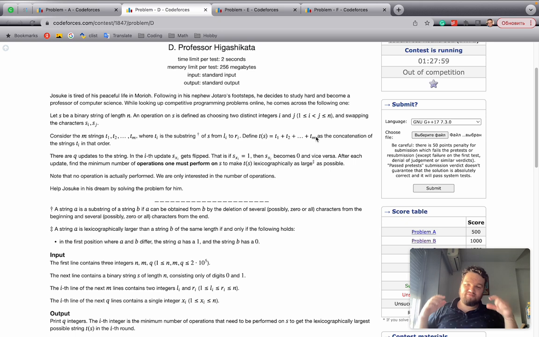So basically for all positions of S, we want to order them by the position of their first appearance in this concatenated T, and we can calculate it once, as we are given those segments.